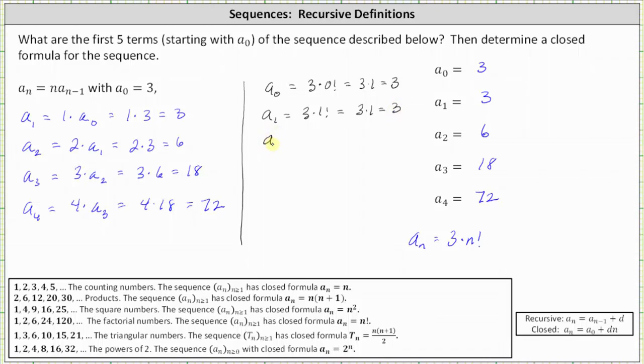A sub 2 is equal to 3 times 2 factorial, which is 3 times 2 times 1, which is 6. Still good news. Let's try one more. A sub 3 is equal to 3 times 3 factorial, which is equal to 3 times 3 times 2 times 1, which is 18. The closed formula is correct.